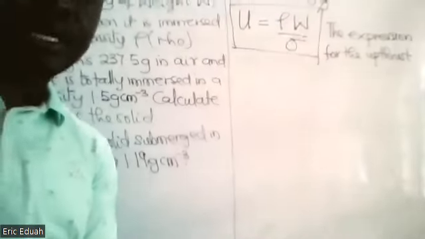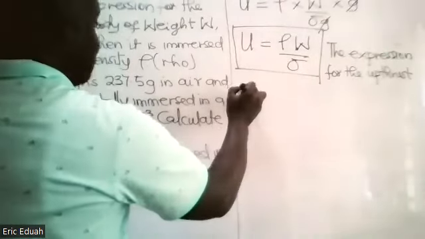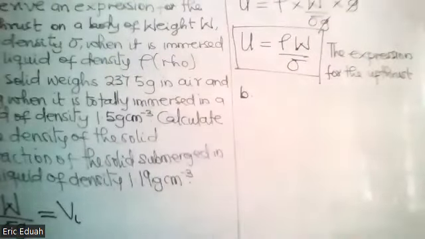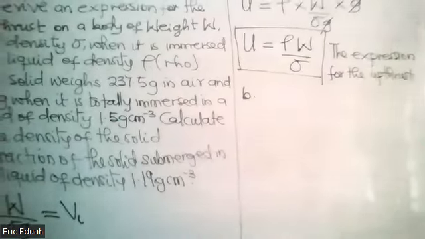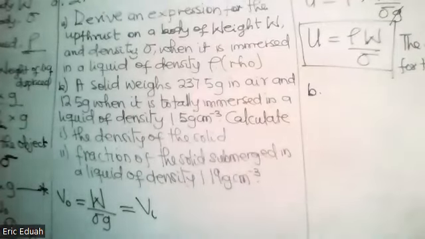Yes, that's okay. The second question, part B, says that a solid weighs 237.5 grams in air and 12.5 grams when it is totally immersed in a liquid of density 1.5 grams per cm cubed.